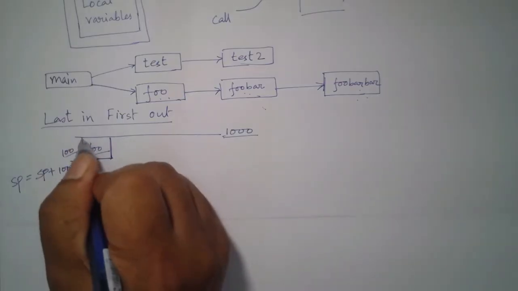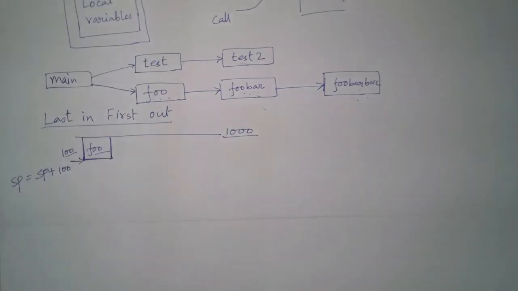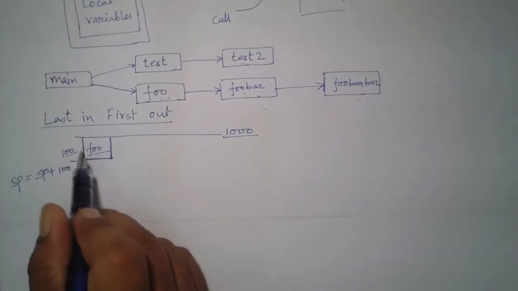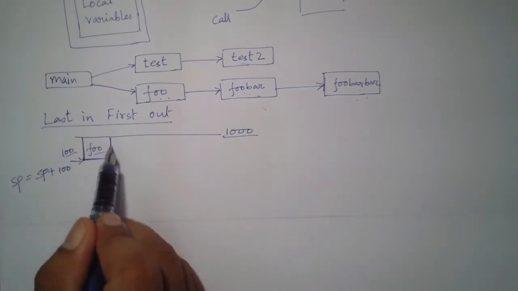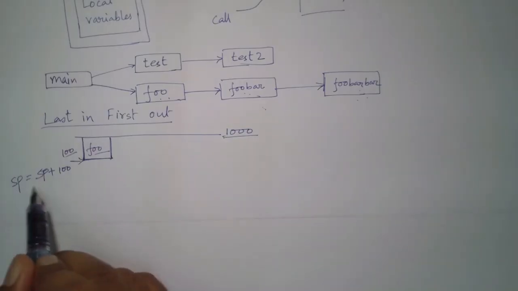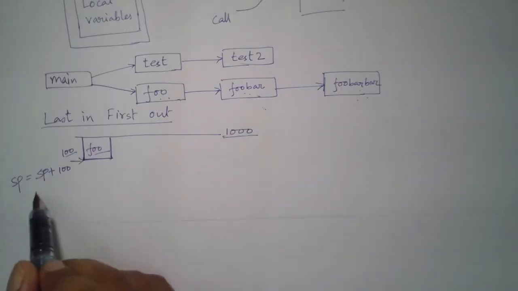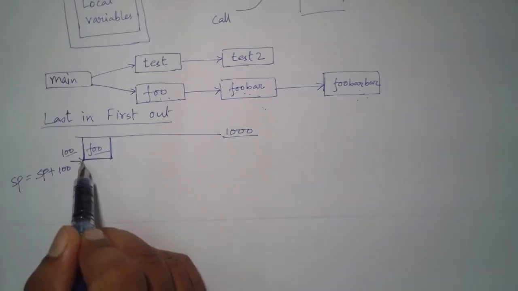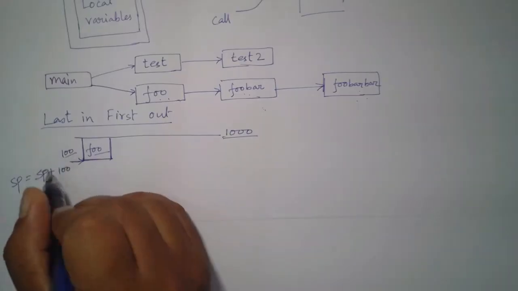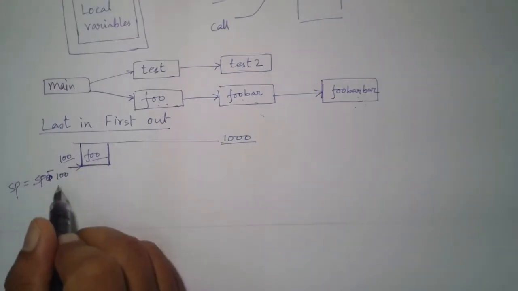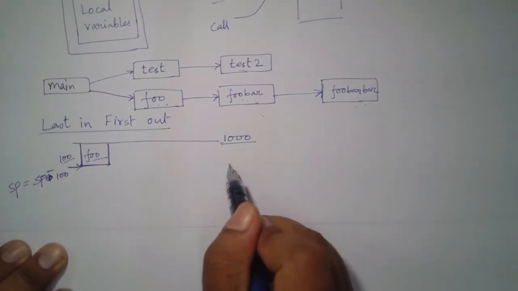So basically now this location is allocated for foo and nobody else. I can make sure that no other program uses this memory location, because now I have updated my stack pointer. So next time any other activation block needs to be allocated, my new stack pointer is this location. Since this is a downward growing stack, this will be stack pointer minus 100. So basically now my stack pointer will be pointing towards this location 900.